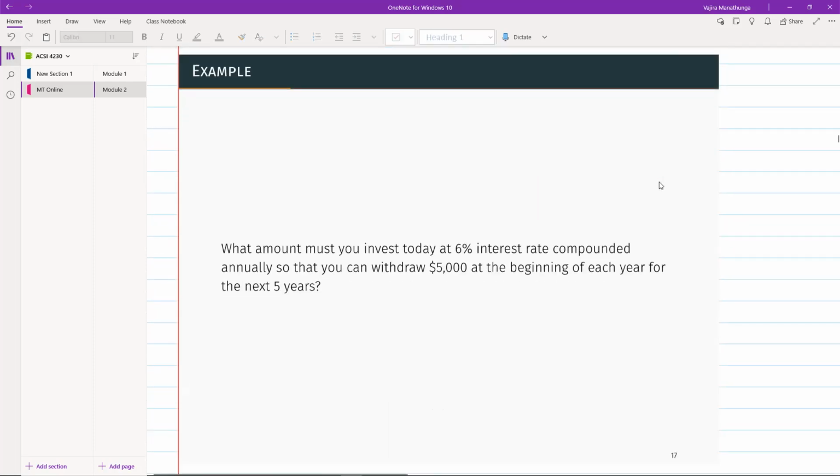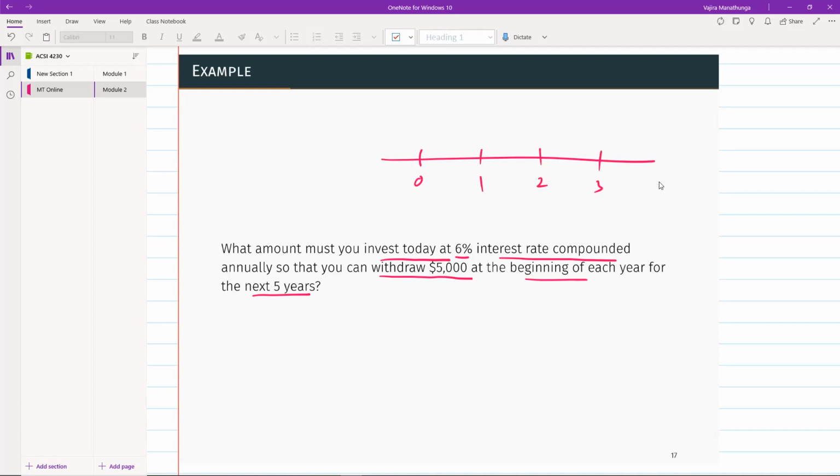Here's another example. What amount must you invest today at 6% interest rate compounded annually so that you can withdraw 5,000 at the beginning of each year for the next 5 years? Let's try to use the calculator. If I draw the timeline, it looks like this: 0, 1, 2, 3.